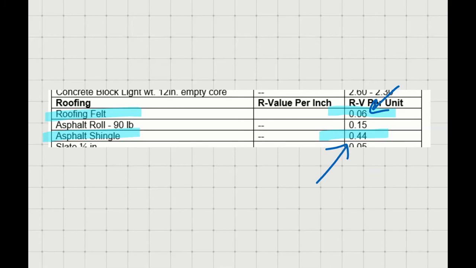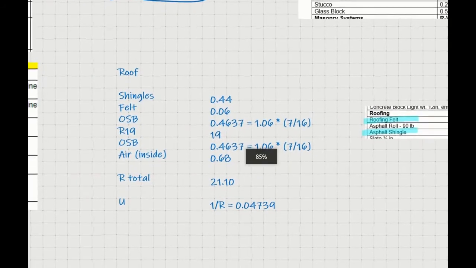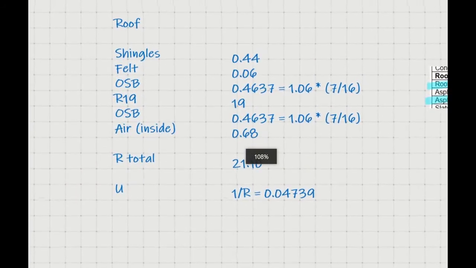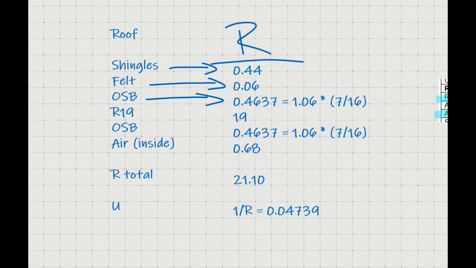And then everything else we already know. Let's take a look at the total R value for the roof. So we're finding our total. Shingles, 0.44, felt 0.06. OSB is still 0.4637 because we're talking about 7/16.